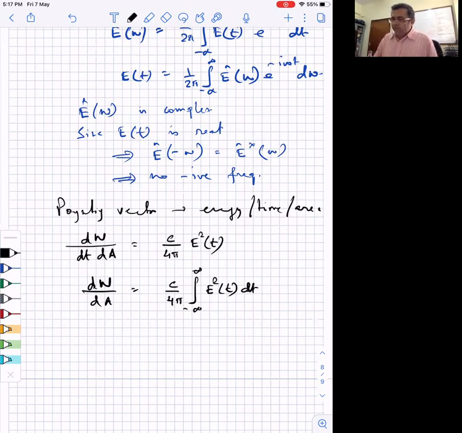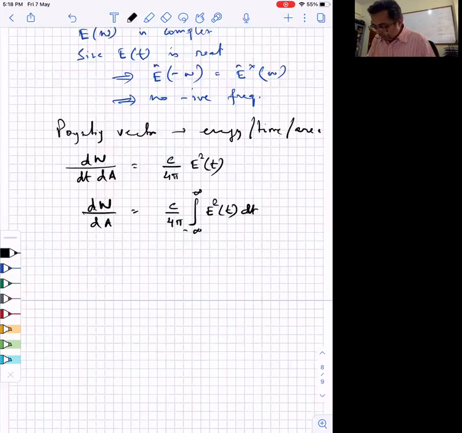Now what we can do is use Parseval's theorem. When I use Parseval's theorem, I can equate this integral of E squared(t) dt over the total interval to an integral over d omega, the integral over frequency.